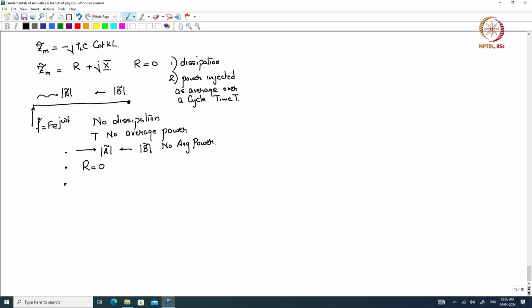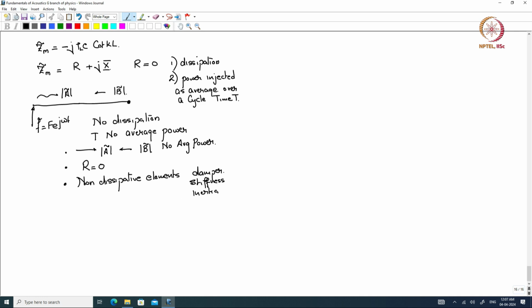And therefore, the non-dissipative elements of a vibrating system. What are they? Typically, what do we say? We talk of a damper, we talk of a stiffness spring type, we talk of inertia which is a mass. These are the typical elements of a dynamical system.